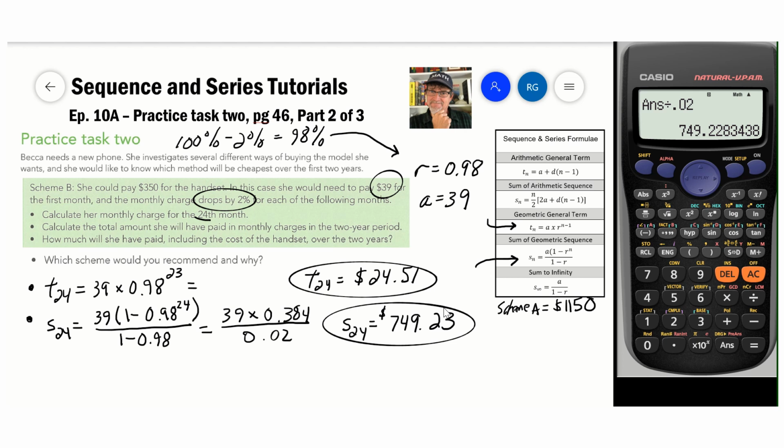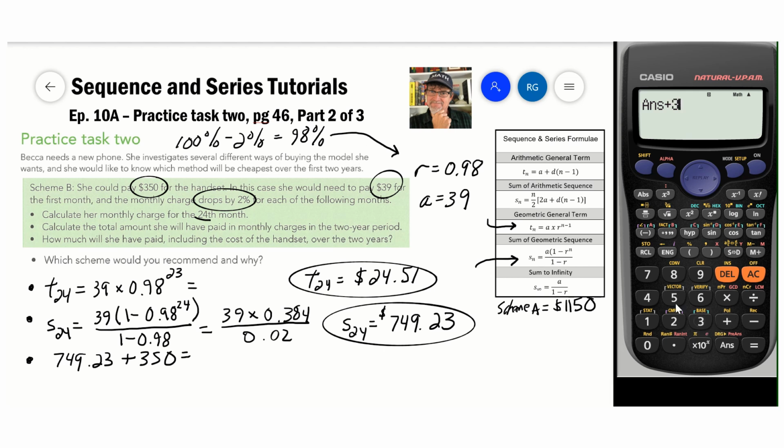Great. Okay, and just like in part 1, what's the total that you're going to pay? Okay, so we're going to take that $749.23, and we're going to add it to this initial charge for the handset, which is $350. Let's see what we got there.